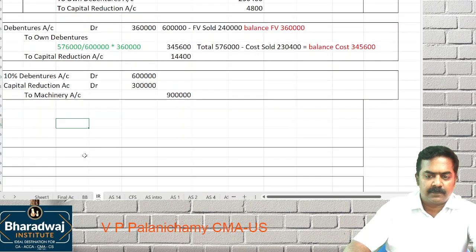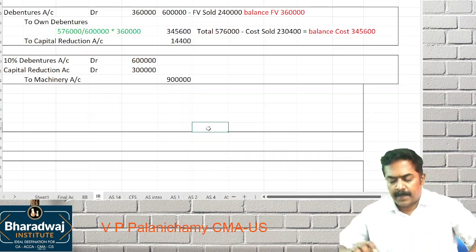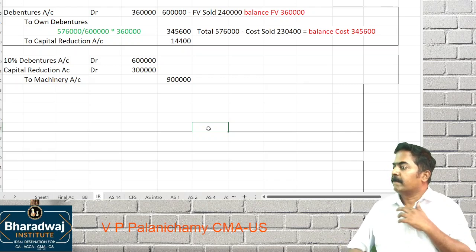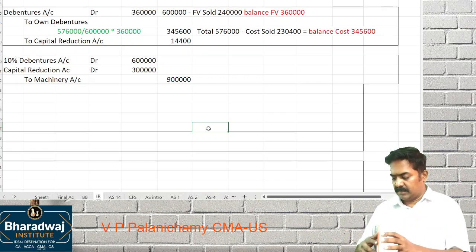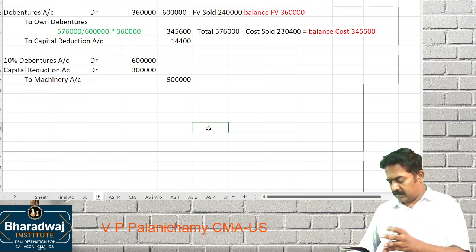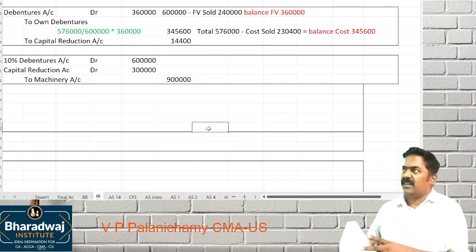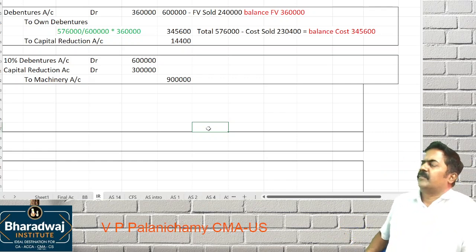Capital reduction account. Fine. This is 10,000 cash flow.